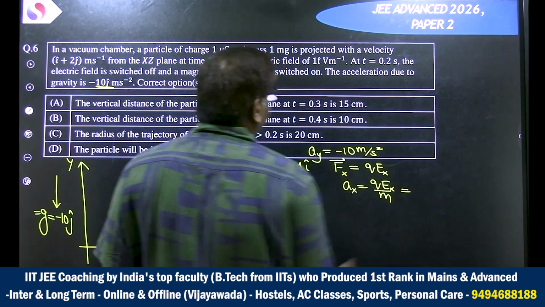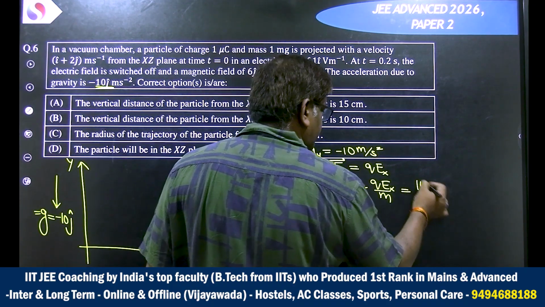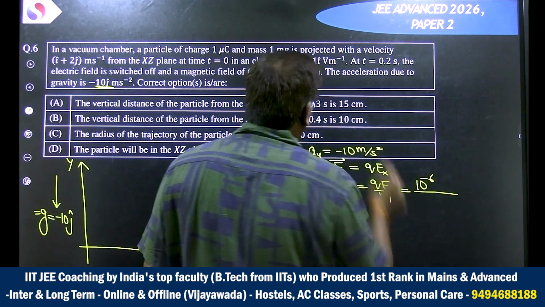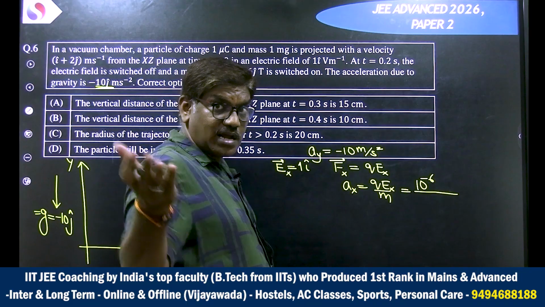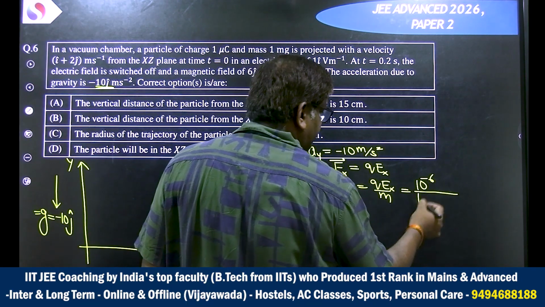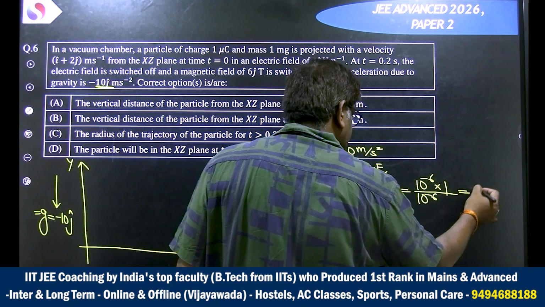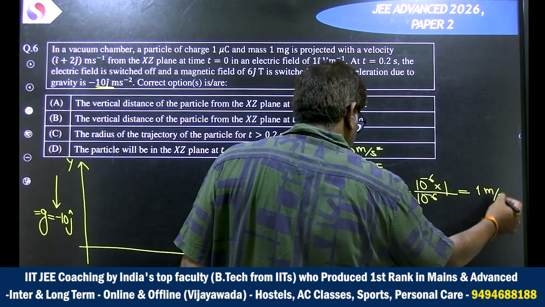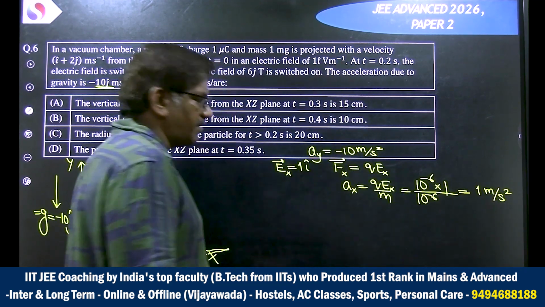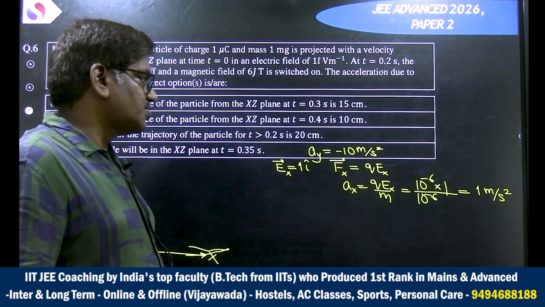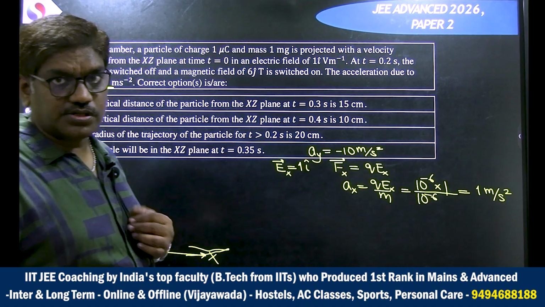Putting in the values, it is 10 to the power minus 6 coulombs, and the mass is 1 milligram, which in kg is 10 to the power minus 6 again, into electric field 1. That comes to 1 meter per second square. So now you have ax and ay. In the x direction there is an acceleration of 1 and in the y direction an acceleration of minus 10.